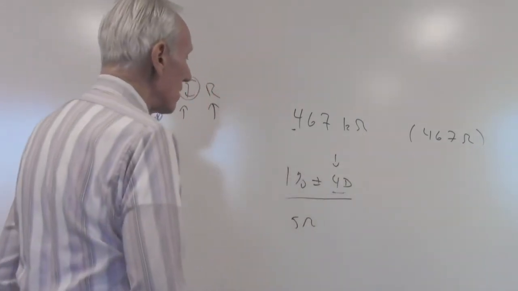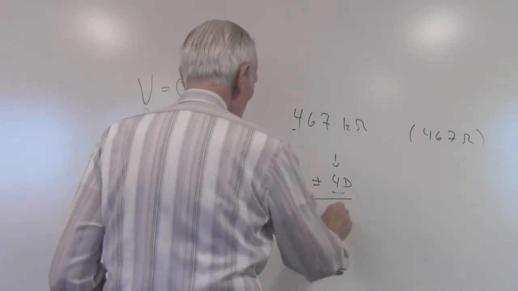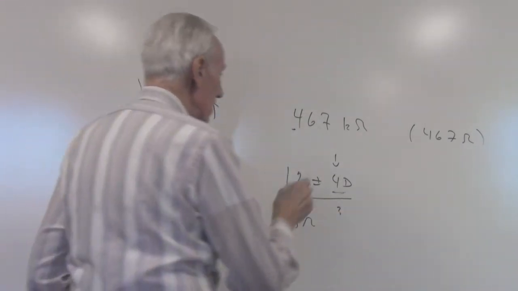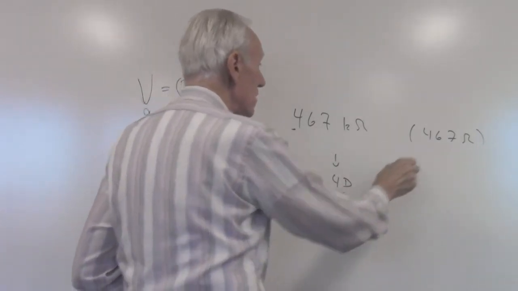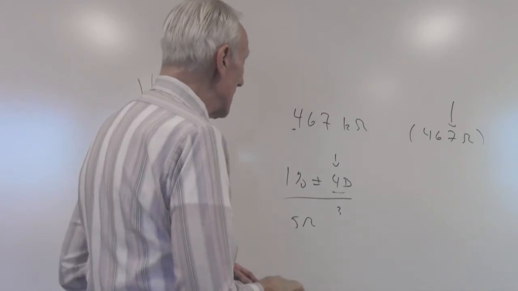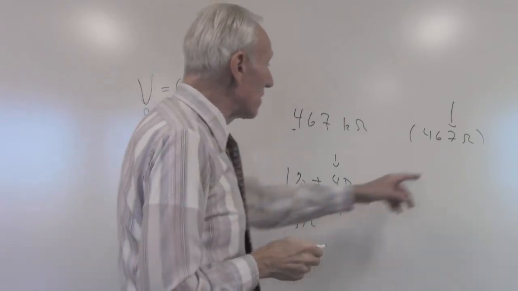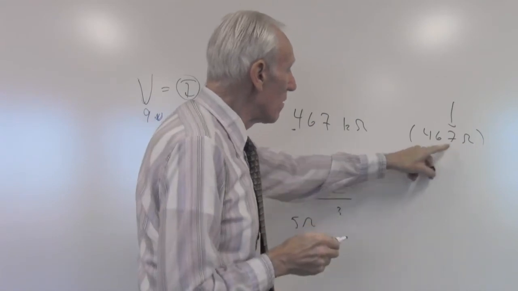That's 1% of that 467 ohms. And what does this 4D mean? D stands for digits. It means plus or minus 4 digits in the last significant number. So what this means is it's not going to guarantee things any better than 4 numbers under that, or 4 numbers above that.